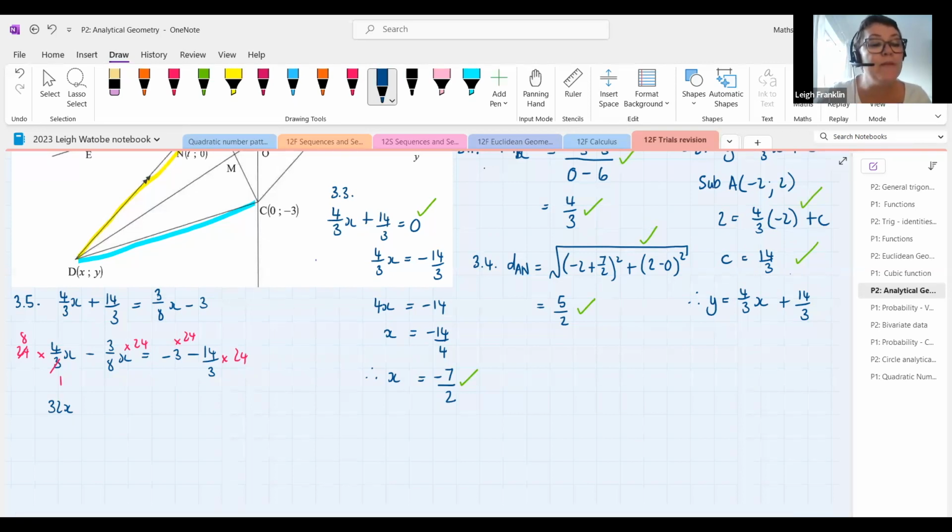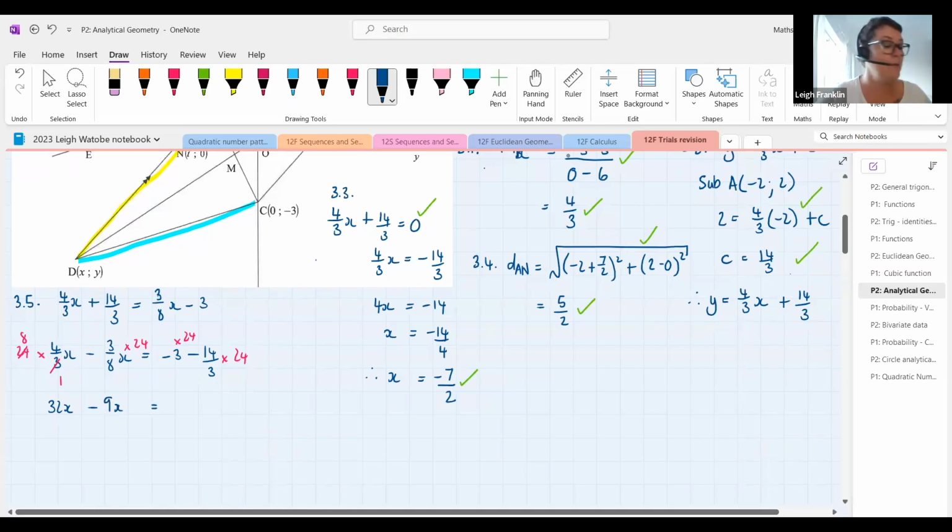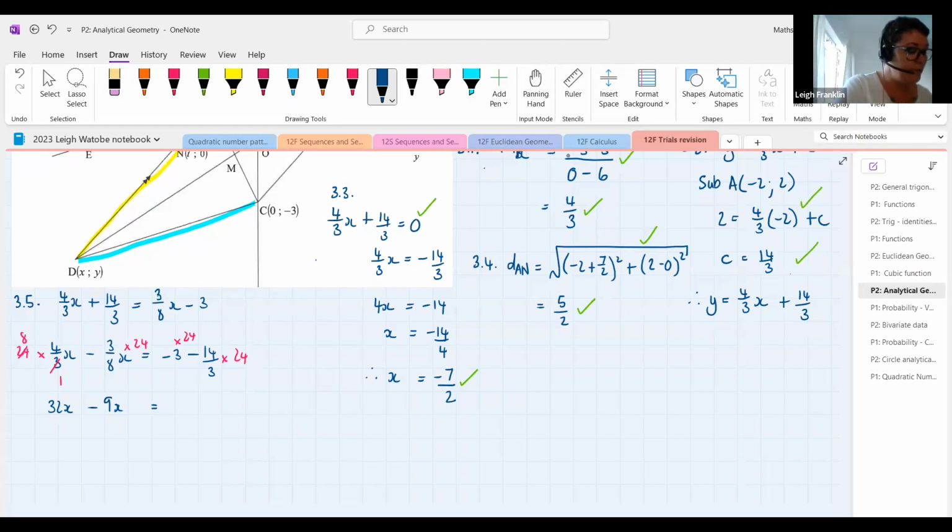All right, so what would be the value of the second term? What would be the value of the second term? That's it. Well done, Lebogang. So minus 9x. Good. Then the next term is going to be equal to, indeed Nolwazi, it's minus 9x.